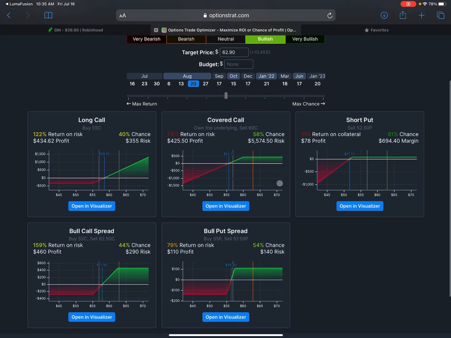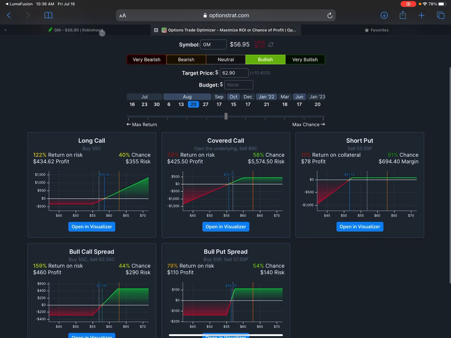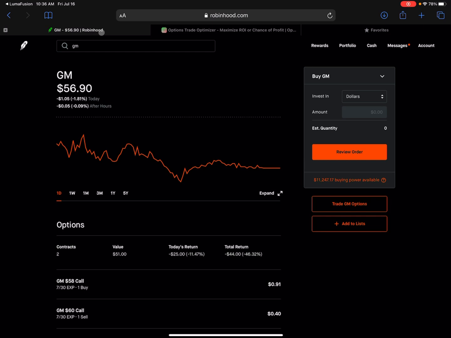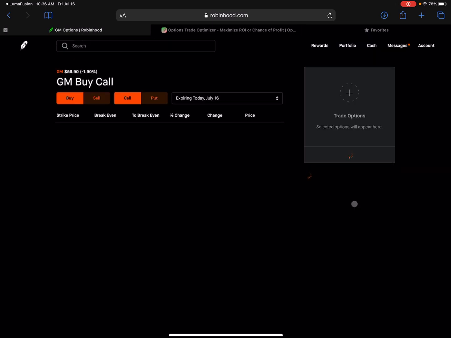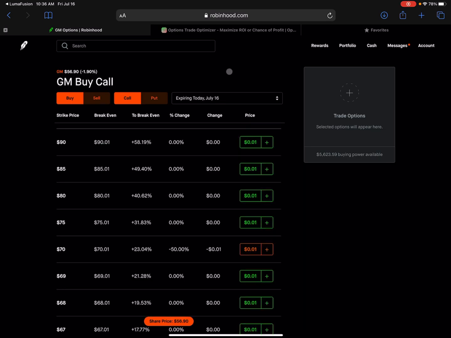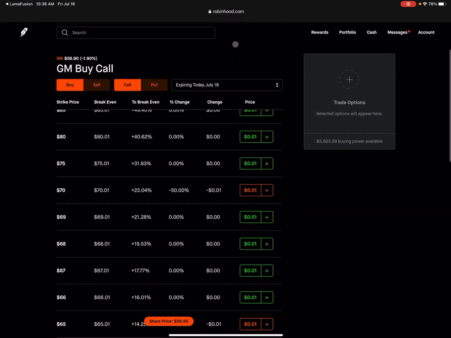So going back into our platform, in this case I'm using Robinhood just because I like Robinhood's platform and short-term trade options. You would go into your option trading and plug in whatever option strategy was mentioned.